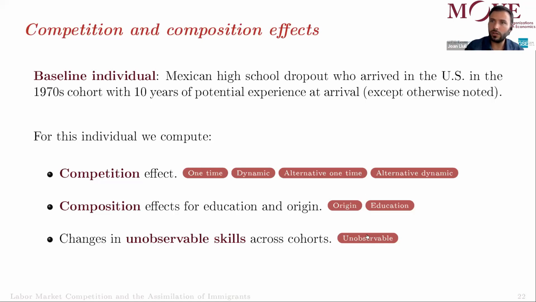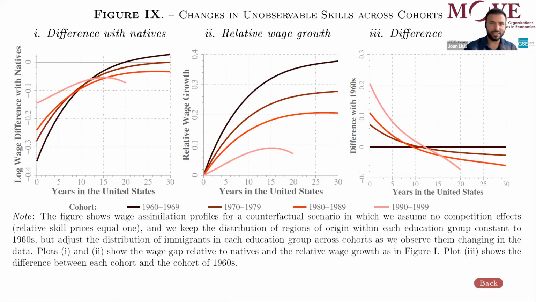So, in terms of unobservable skills, here I'm going to show you a picture that is radically different from what I would say is the common result in the literature. What you observe here is, again, this Mexican high school dropout immigrant with 10 years of experience at arrival.